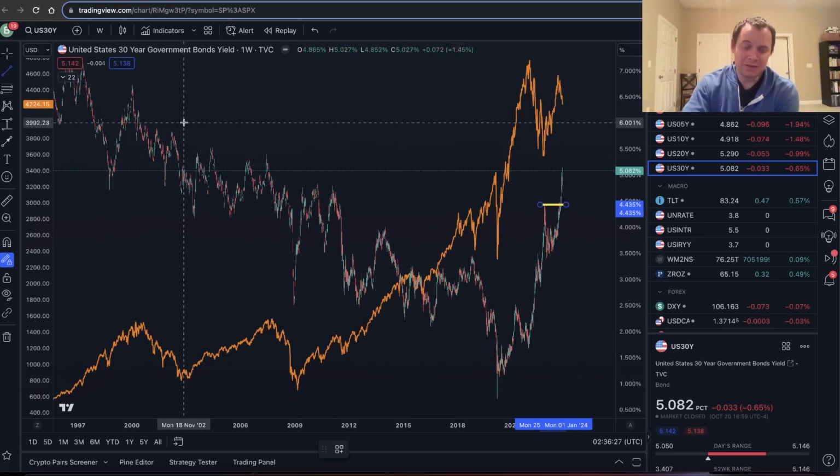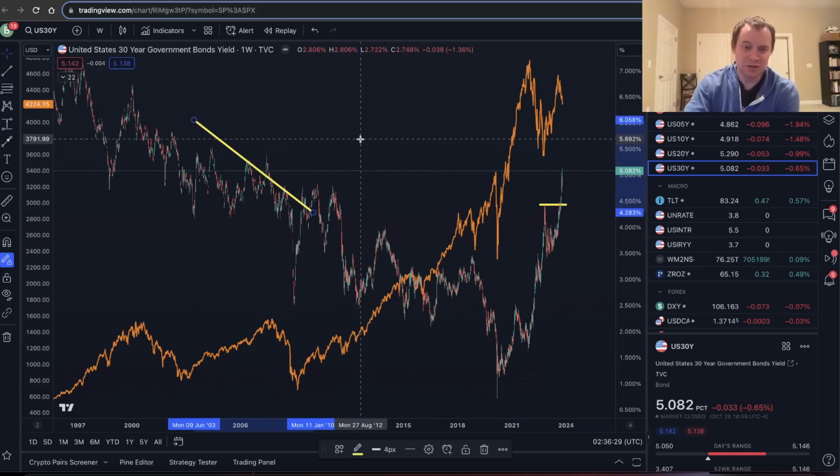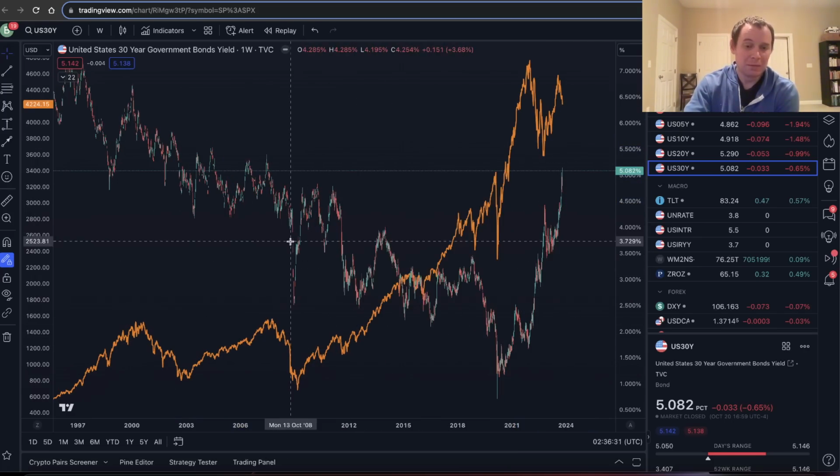And again, structurally speaking, this has just been trending down for a long time, right? But you can see here, here's a great example in 2008 where the 30-year was going down, but the S&P was also going down. Here's another example where you can see the 30-year was going down, but the S&P was also going down.